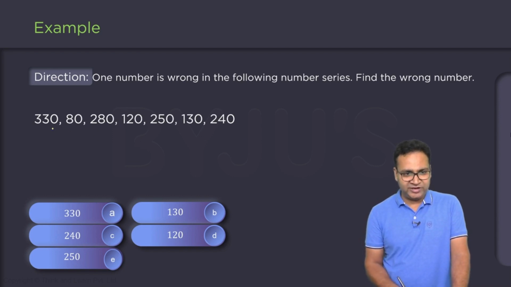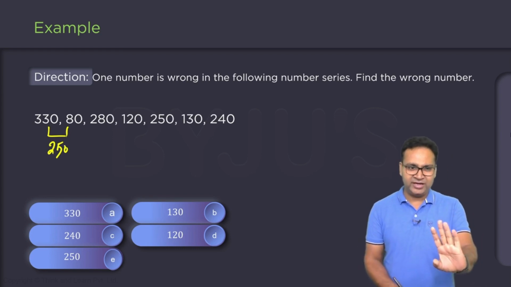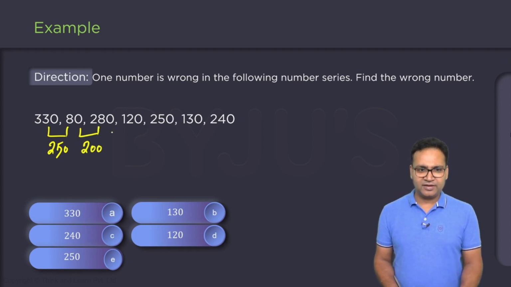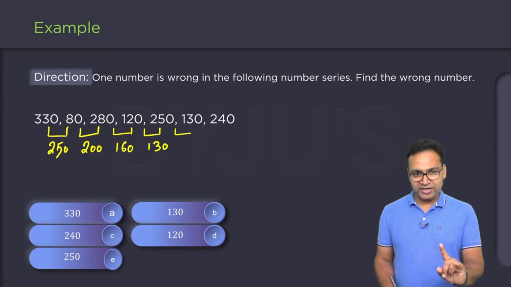So if I take the differences, it is minus 250. I'm not writing the minus sign, I can understand. Okay, minus 250. It is plus 200. It is 160. Okay, 160 minus, it is plus 130. Okay, it is 120 minus, yes, and it is plus 110.